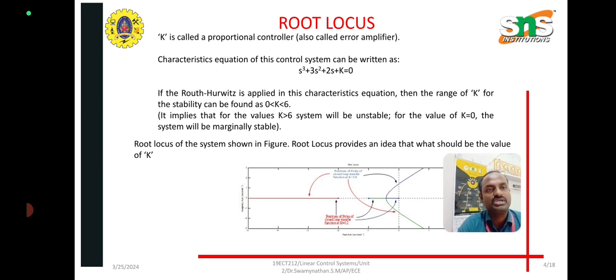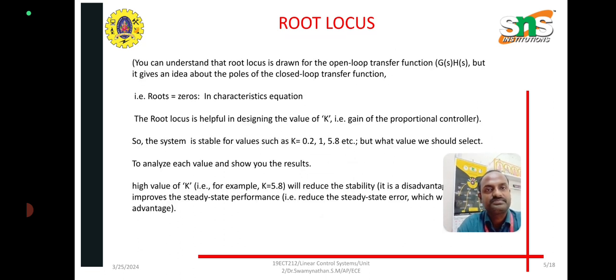Based on the Routh-Hurwitz criterion for the characteristic equation, K lies between 0 and 6. If K is greater than 6 it is unstable, and at 6 it is marginally stable. Based on the root locus technique, K can be 0.2, 1, 5.8, etc. To analyze each value: a high value of K, for example K equal to 5.8, reduces the stability and reduces the steady state error.